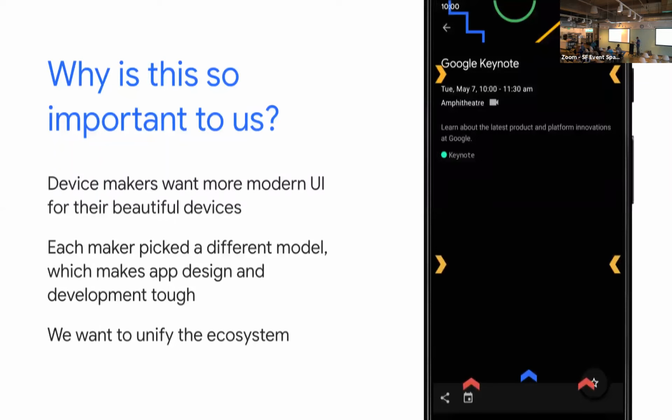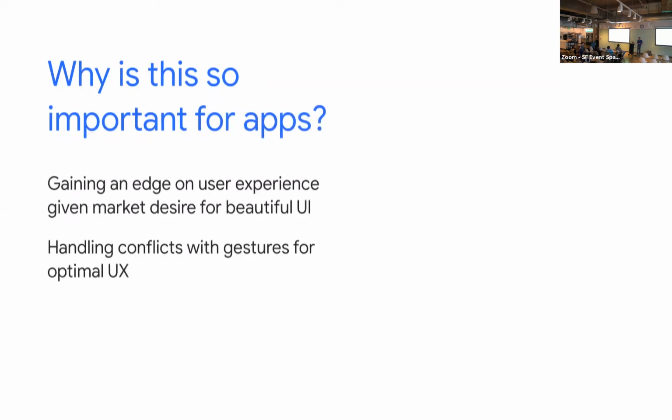Some use the side. So everyone has different opinions, which creates some problems for app developers because some of the app controls fall in those gesture zones, and you need to handle them. So we decided to step in and unify the gestures so that app developers will have less pain.